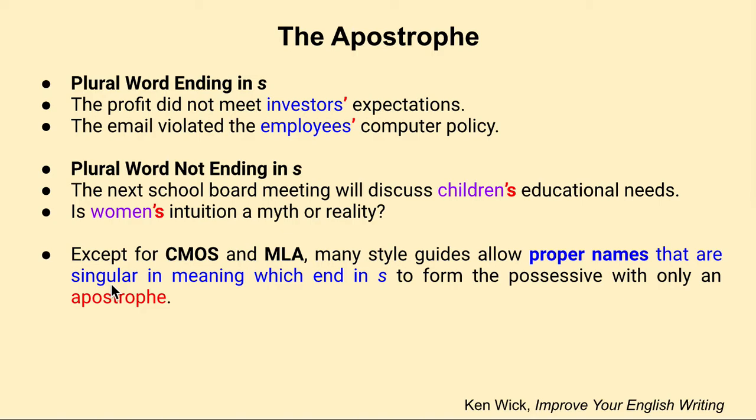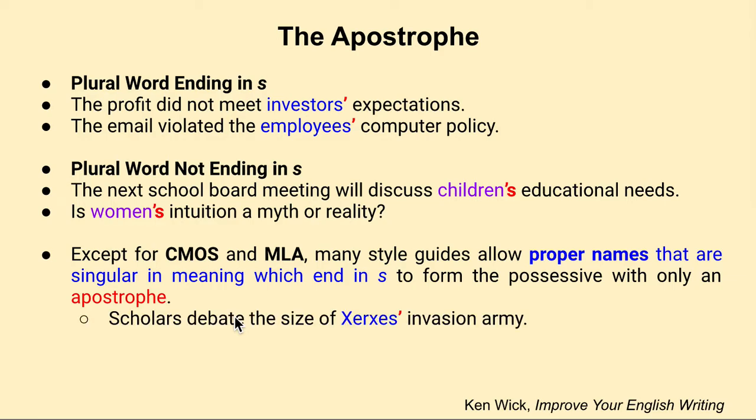So, normally if you have a singular word, you would add apostrophe S. But in many of the style guides, if it's a proper name, singular meaning, you can just add an apostrophe. So let's look at an example. The example is scholars debate the size of Xerxes' invasion army.